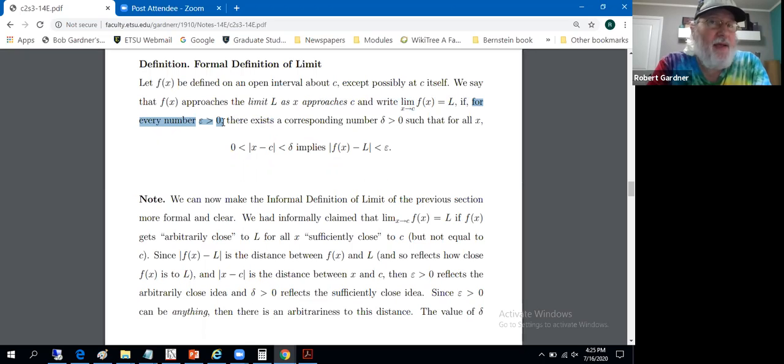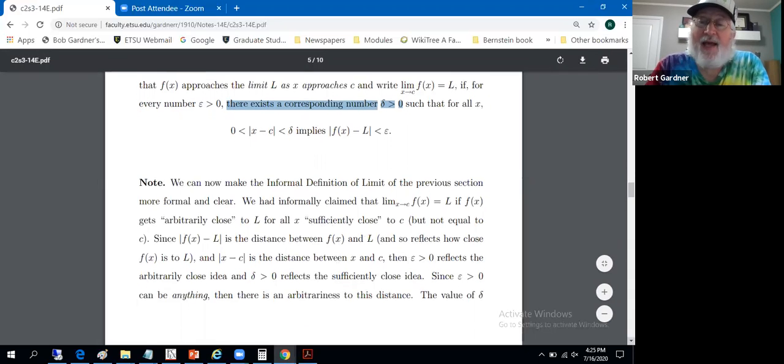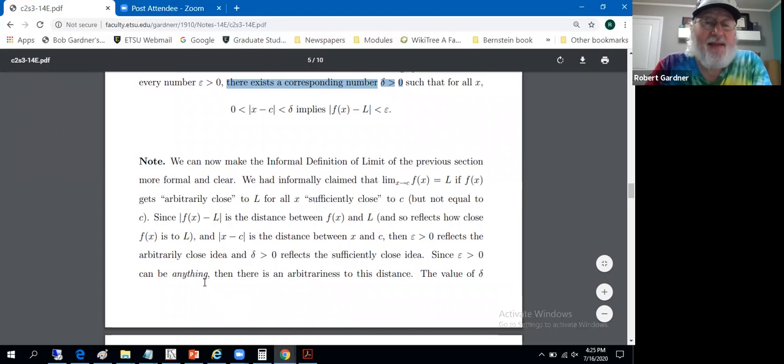You tell me how close you want it to be. You pick any positive distance. We can get it that close if the limit exists by making x within, there exists a corresponding number delta, making x within a distance of delta of c. So the delta is the sufficiently close, and the epsilon is the arbitrarily close. The idea is epsilon could be anything.